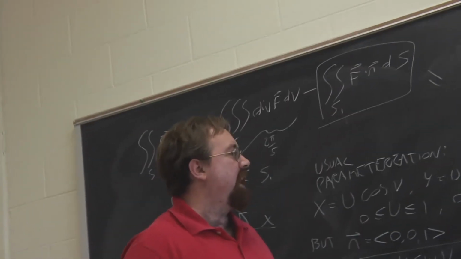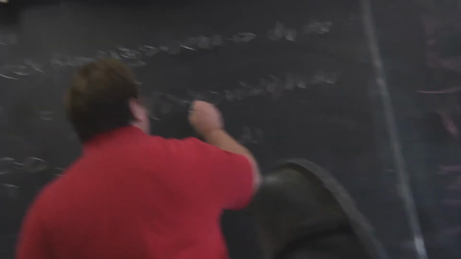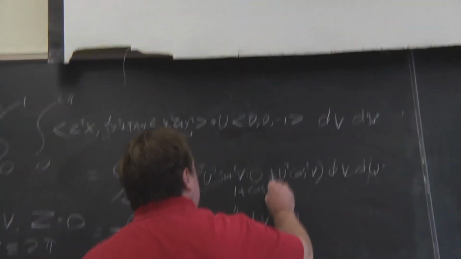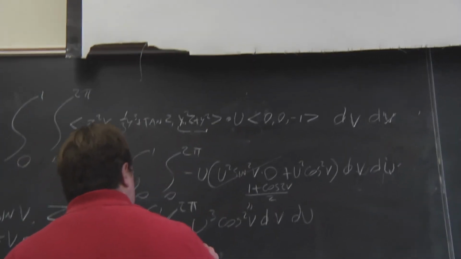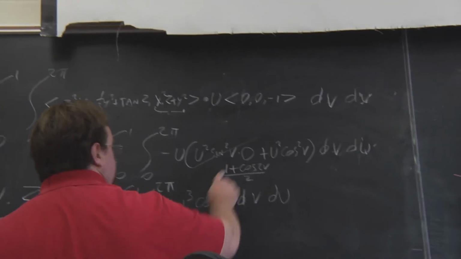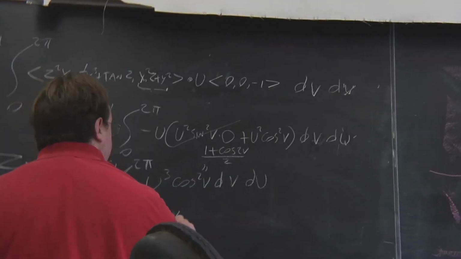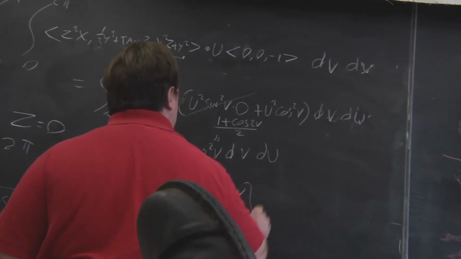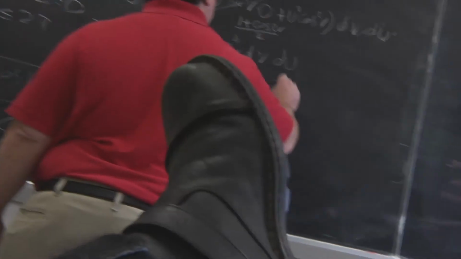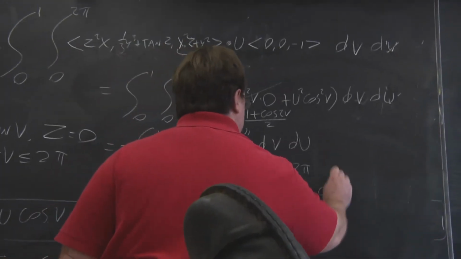A little more work than the last one, because now you have to rewrite cosine squared v. That's the same as 1 plus cosine 2v over 2. So now what you're going to have is v over 2 plus sine 2v over 4, evaluated from 0 to 2 pi, du. Don't forget the minus.